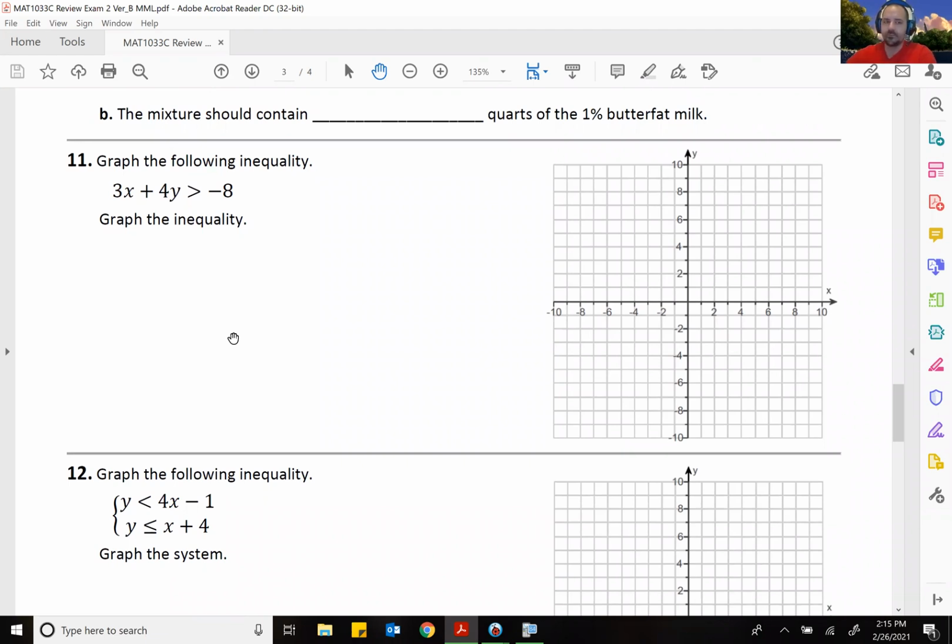So we got 3x plus 4y greater than -8. And they want us to graph this. Kind of looking at this, trying to figure out what I want to go out to. Oh, okay, so it's not too big.